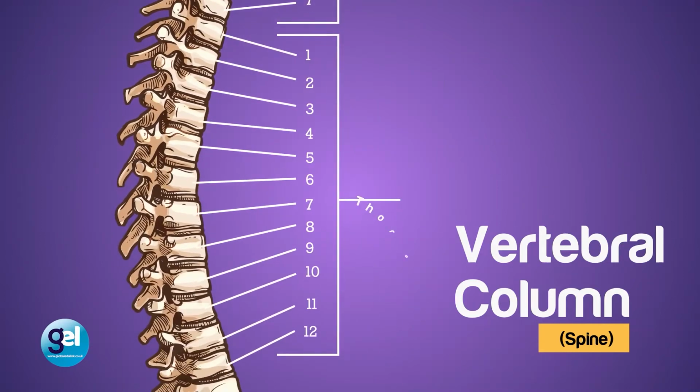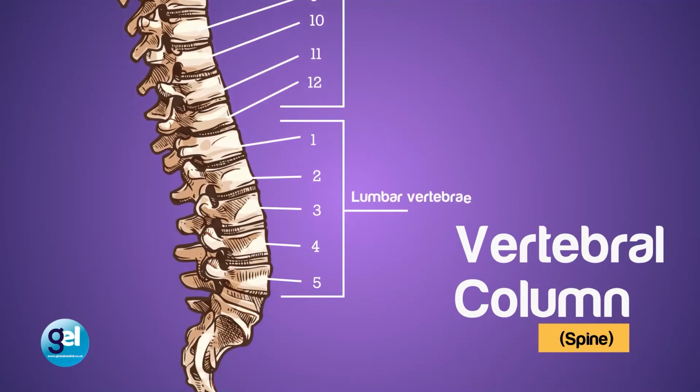Then you start your thoracic vertebrae, which is made of 12 bones, and that's exactly the same: T1, T2, all the way down to T12. Once you finish that, the next section is your lumbar spine, made up of 5, and as you can guess, L1 to L5.